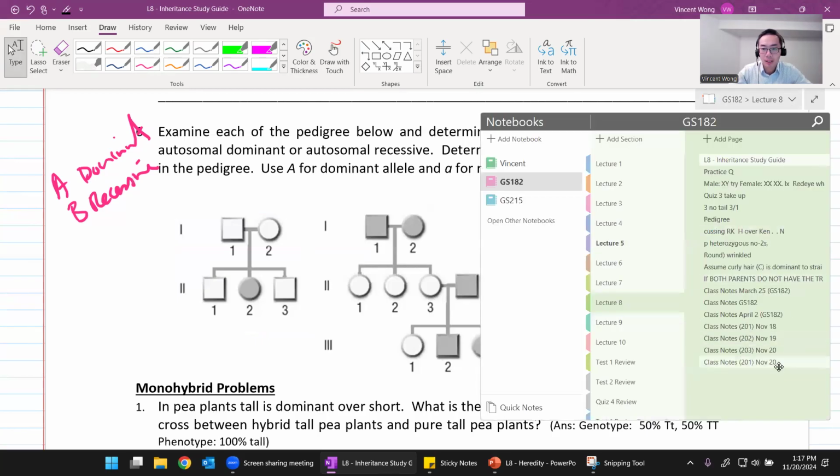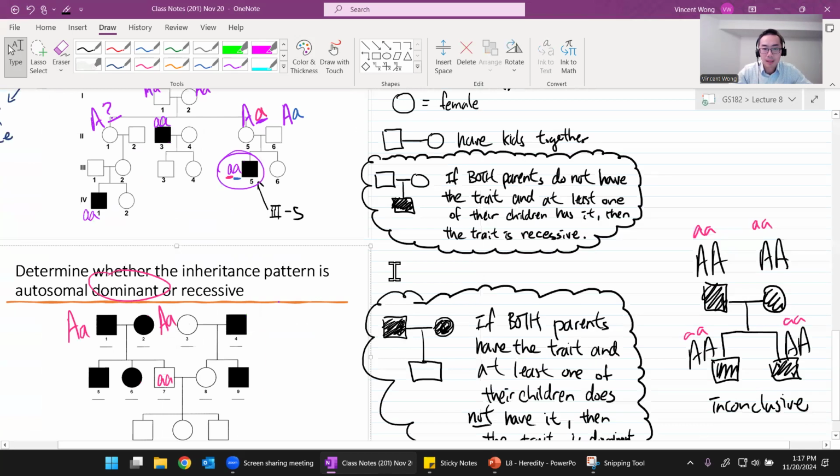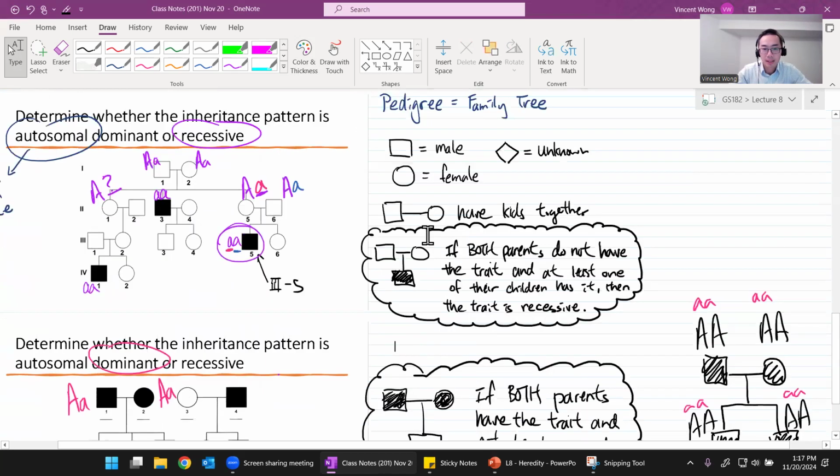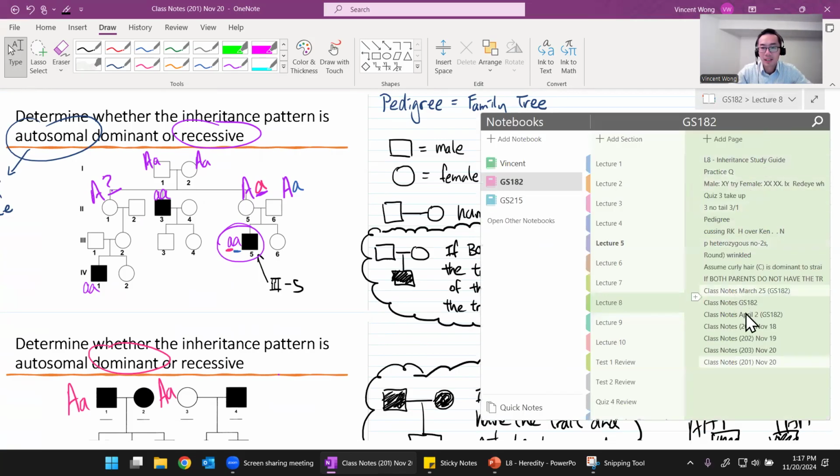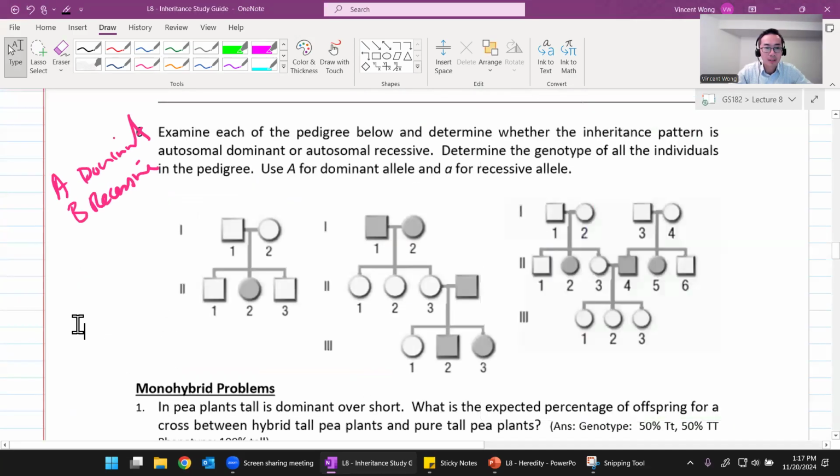Well, let's take a look at the class notes. It says in bubble letters here, if both parents do not have the trait and at least one of their children has it, then the trait is recessive. Let's take a look at what we have here. The parents don't have it, at least one of their kids has it. This must be recessive.